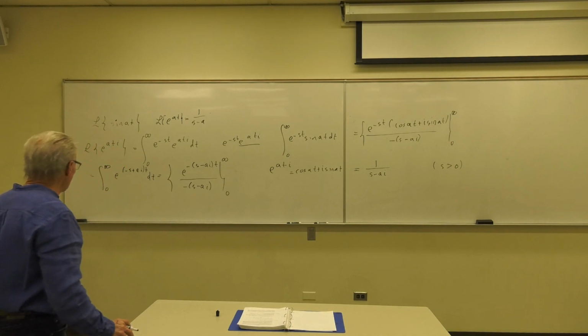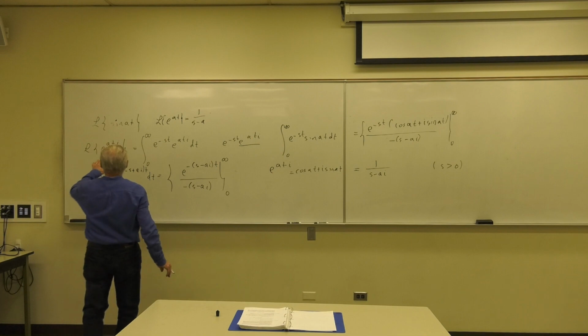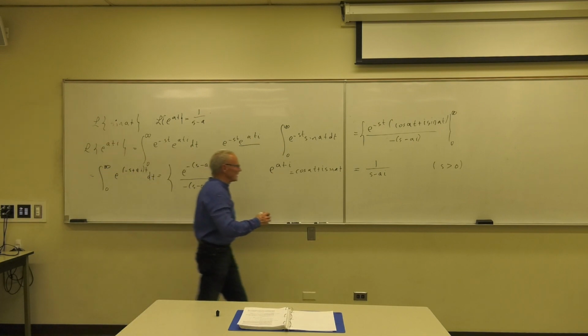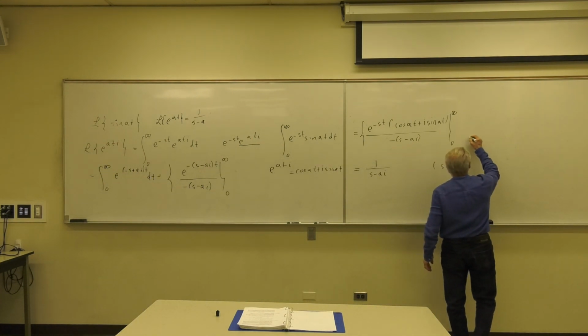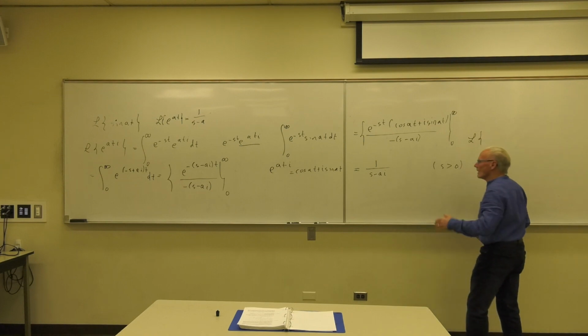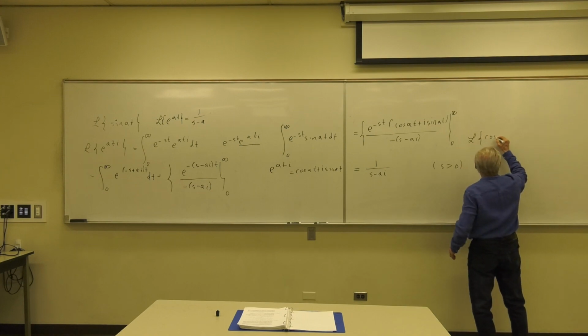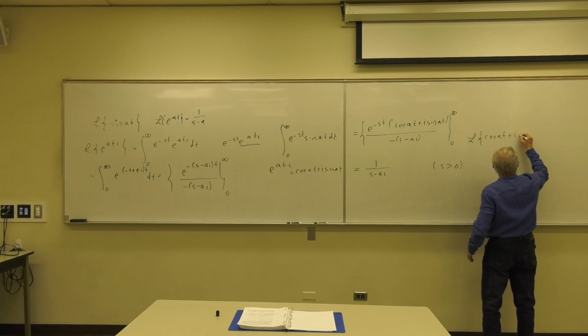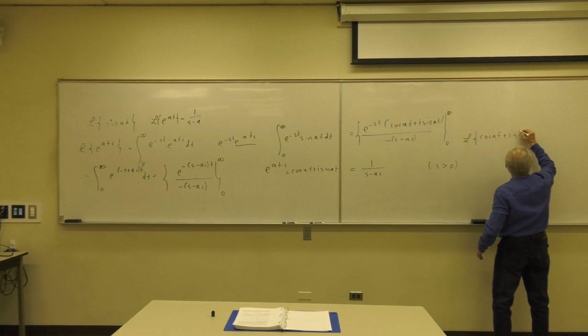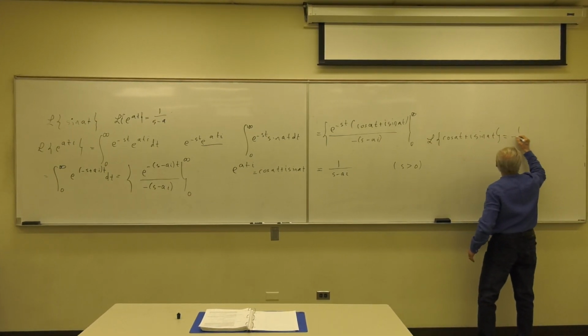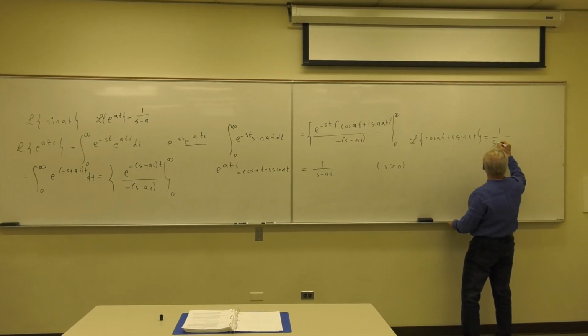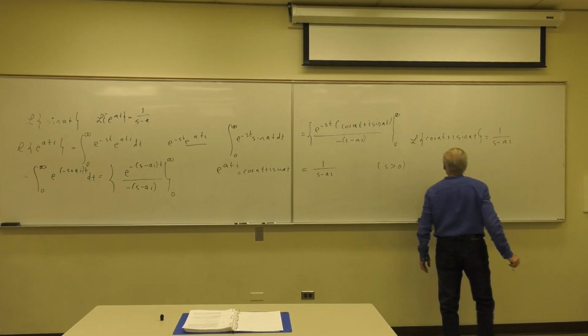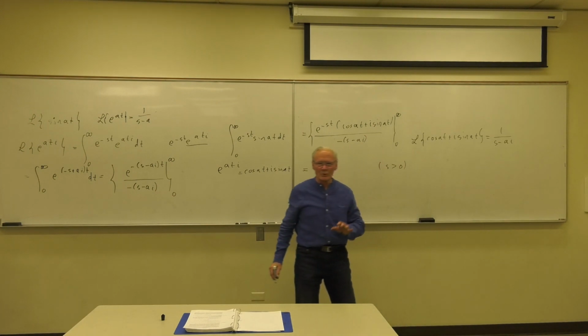All right, so what I'm going to write now, for this, I'm going to put in Euler's identity. The Laplace transform of cosine at plus i sine of at is equal to 1 over s minus ai. That's what I've proved.